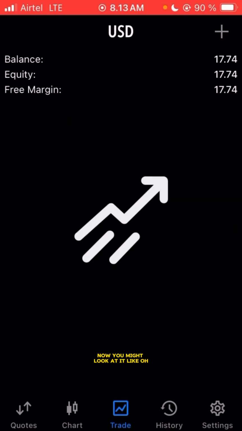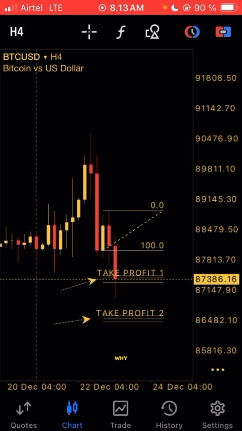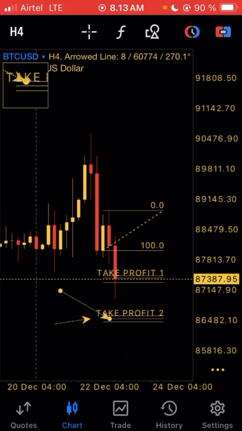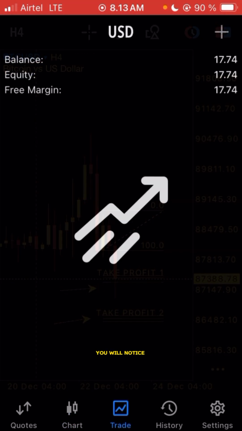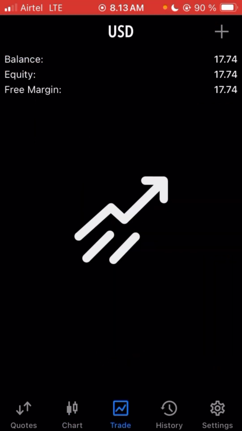Now you might look at it like, it doesn't make any sense. Why will it be $10? It should be more. But the answer is simple. Assuming my SL was stopped, for example, you will notice that it would be a very long range as well.